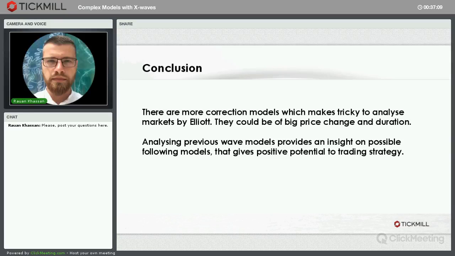To sum up, there are many correction models, which makes it tricky to analyze markets by Elliott. They could be of big price change and duration. In fact, we are having just two types of impulse moves, trend impulse and terminal impulse.